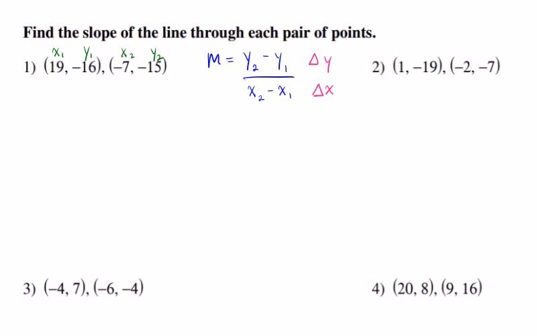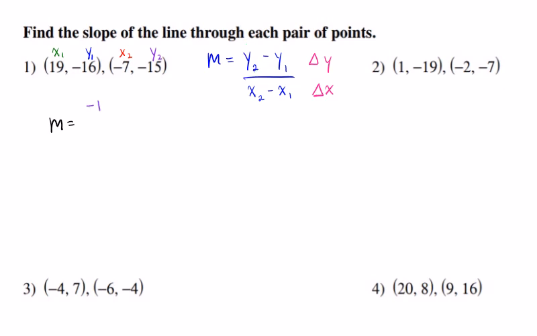So now I can plug this into my formula. So what I'm going to do is, let me color code this a little bit better. All right, so I color coded. So now x1 is 19, and y1 is negative 16. And we start out with y2, which I have in purple here.